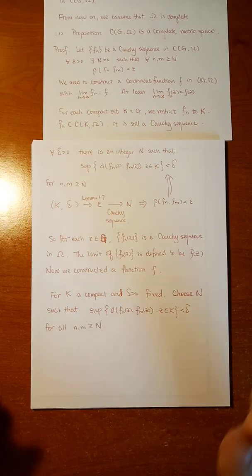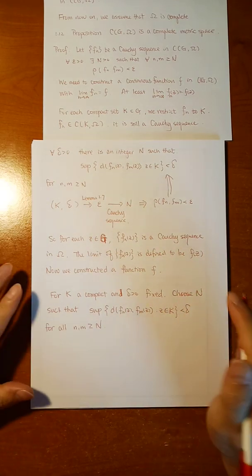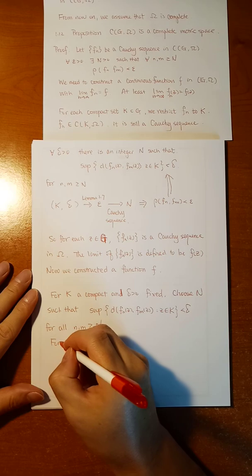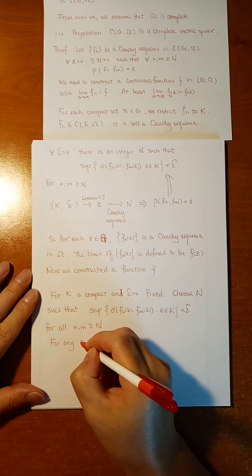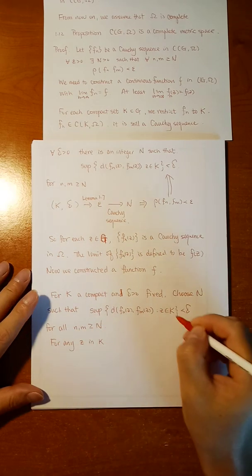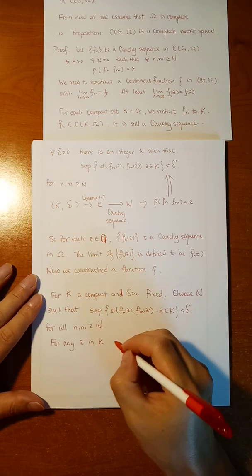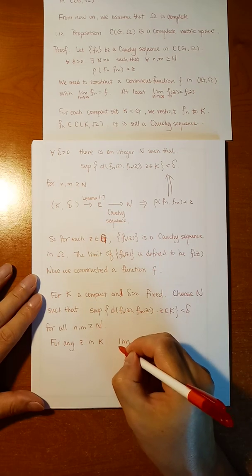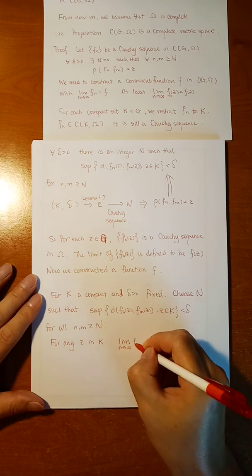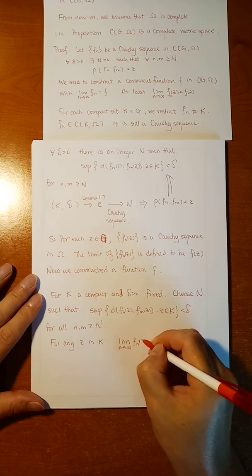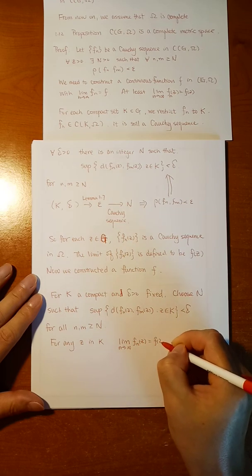Okay, so for any z in K, you see the limit of Fn of z is equal to f of z.